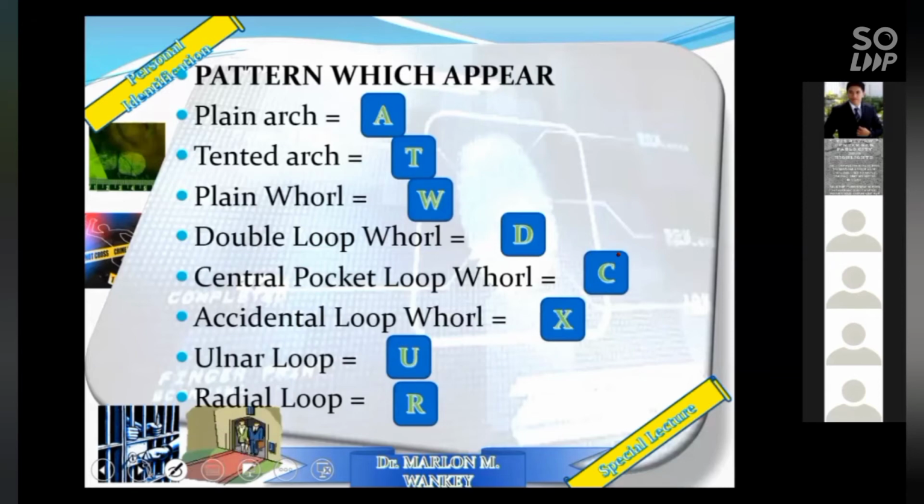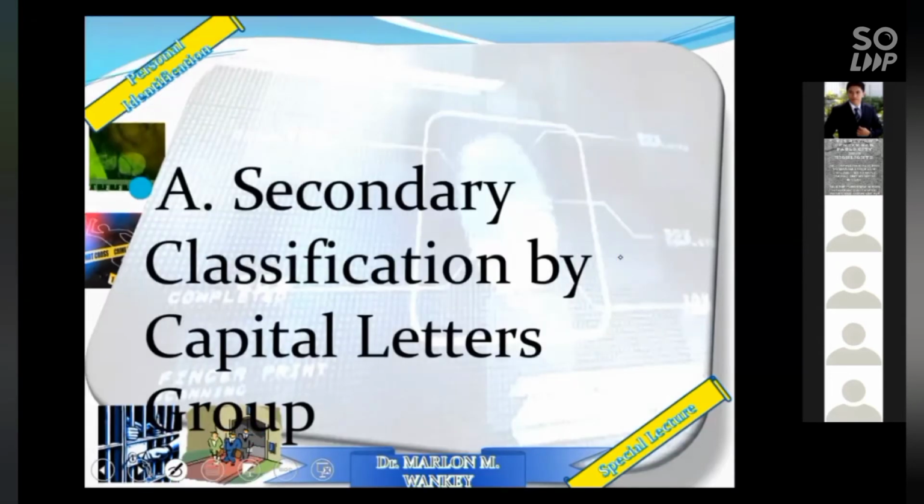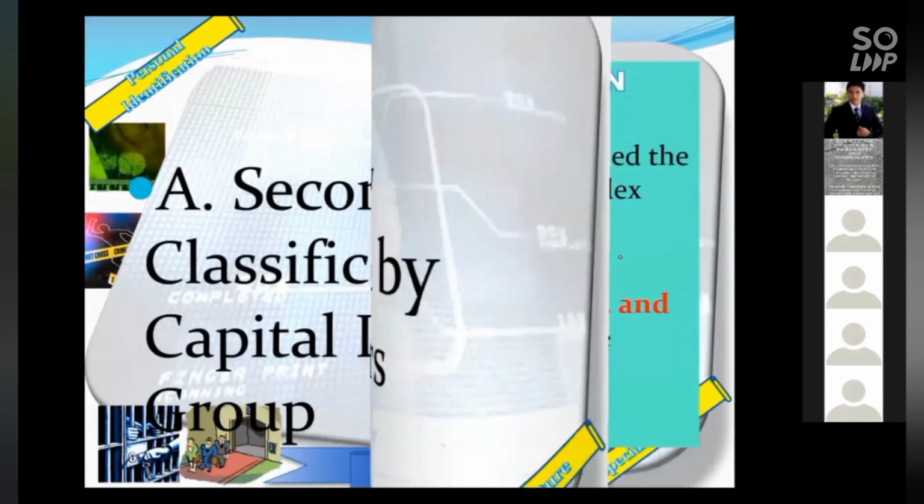Okay? So there are two groups of secondary classification. We have the capital letters and one is small letters. Again, there are two groups of secondary classification. First group is capital letters and second group is small letters. So there are two that must be resolved in secondary classifications.